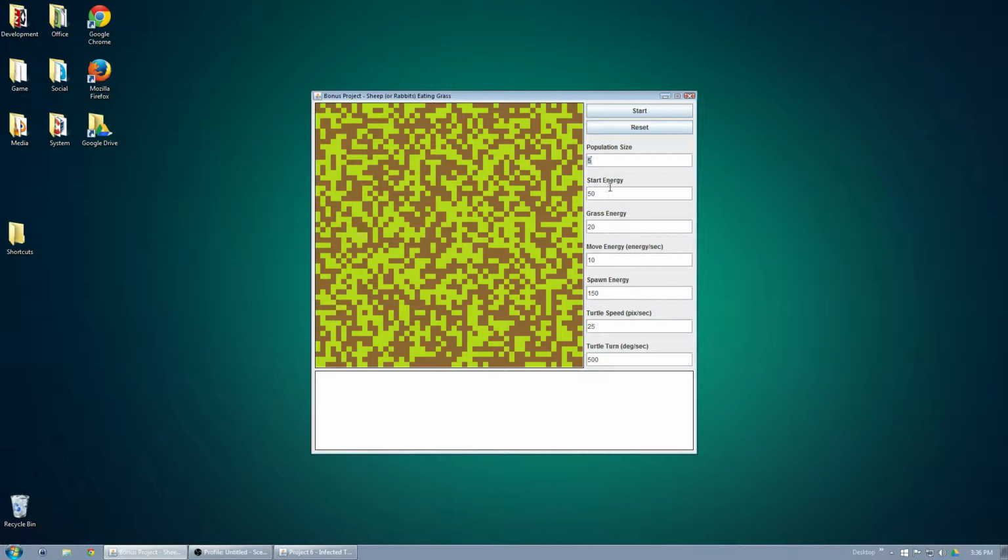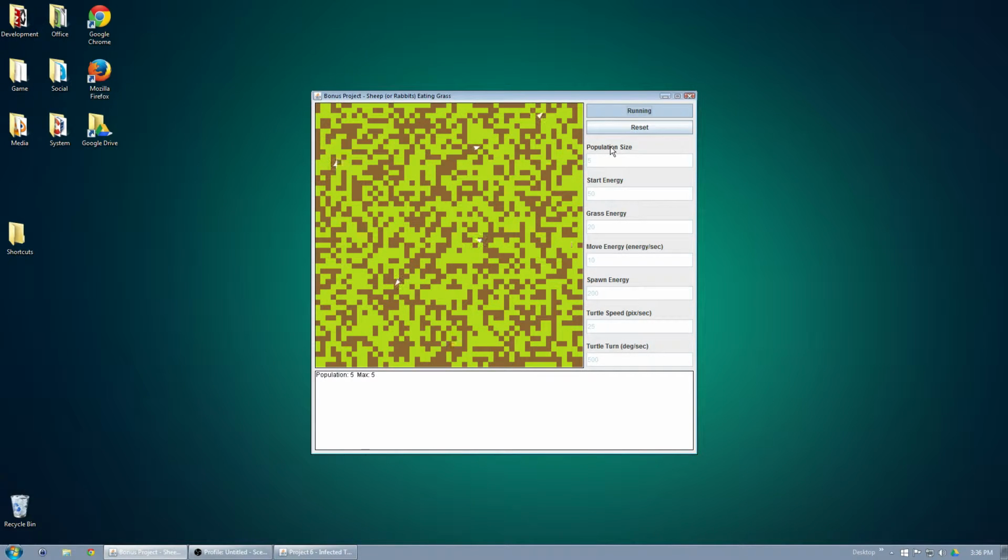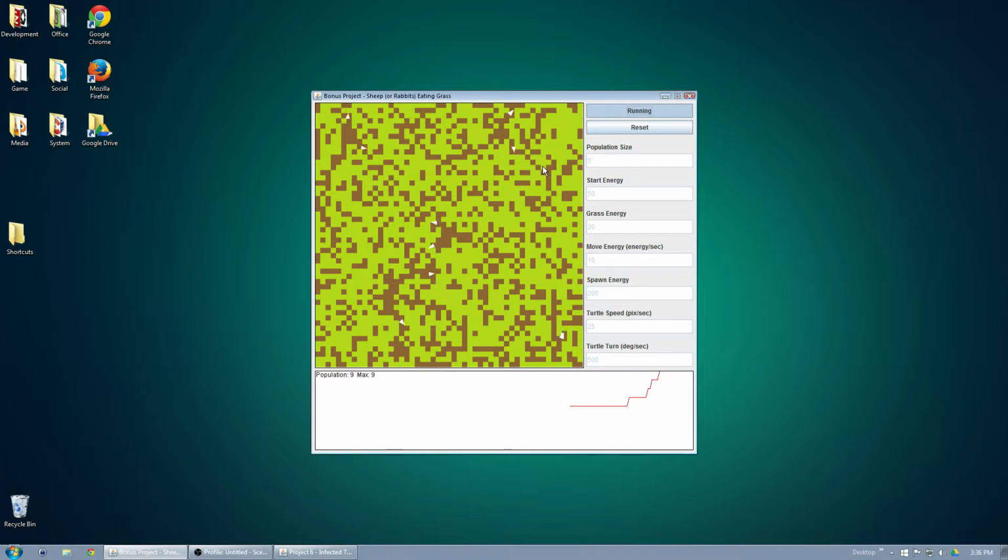We could see what happens when we change some of these. I'm not actually sure what is going to happen exactly. That should cause a slower growth in population.